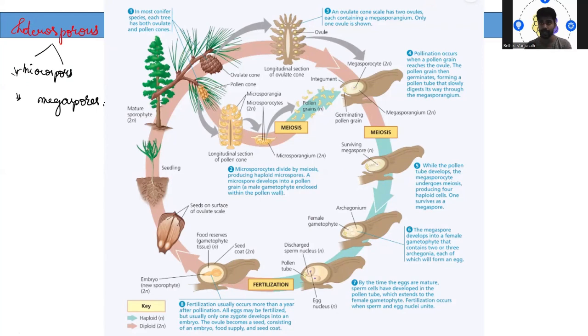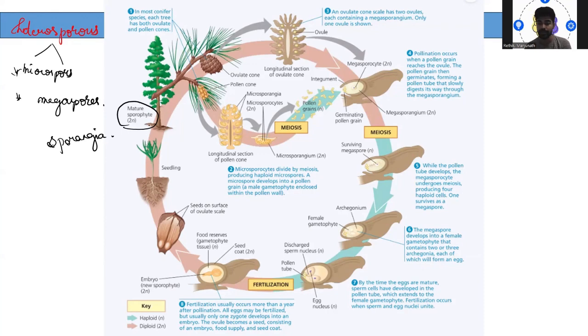These two types of spores are produced within the sporophyte, within the sporangia or sporangium. Clear? So this is one point.